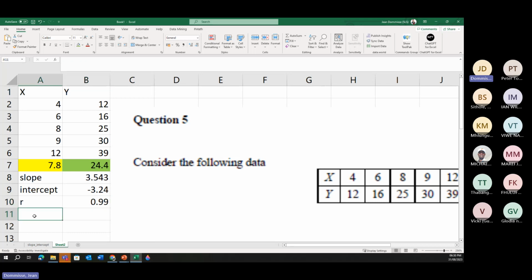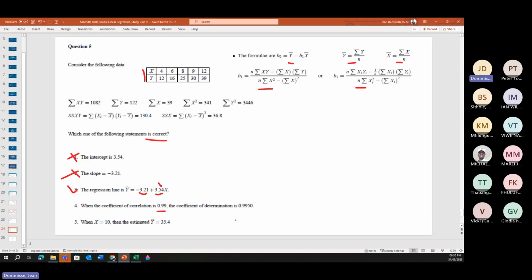And then if we need to work out the R to the power of 2, which is your determination, they ask us 0.99 times 0.99. You will see that is 0.98 and not 0.995. So that is also wrong.